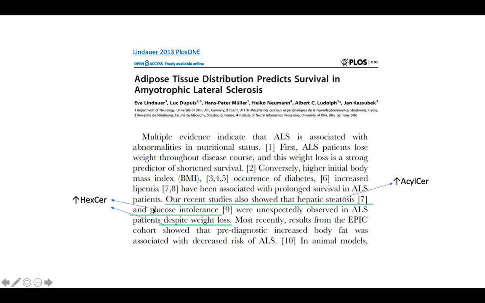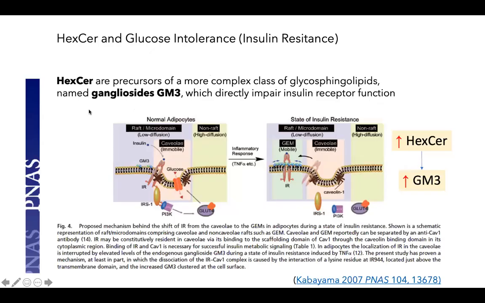And also here, glucose intolerance: the acylceramides that we saw in the plasma of ALS animals are known to be capable of inducing glucose intolerance and insulin resistance.